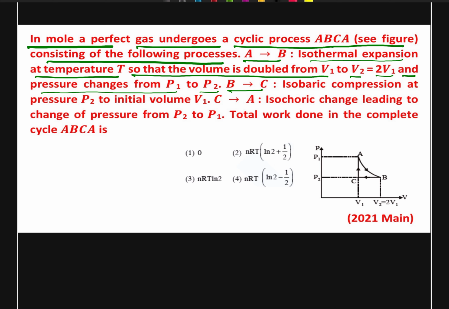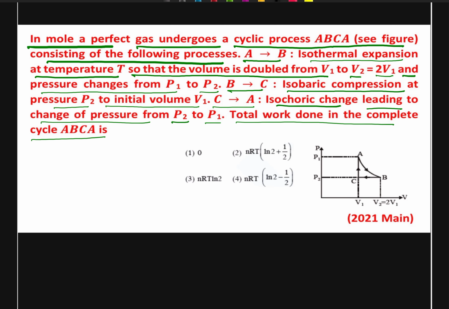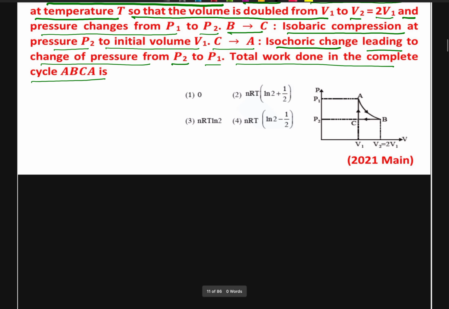B to C is isobaric compression at pressure P2 to initial volume V1. C to A is isochoric change leading to change in pressure from P to P1. The total work done in the complete cycle ABCA.